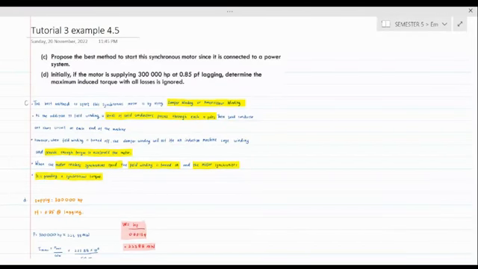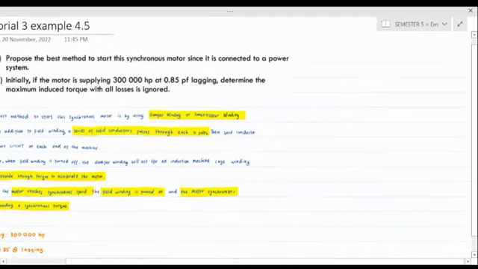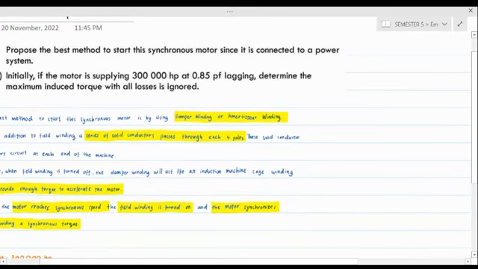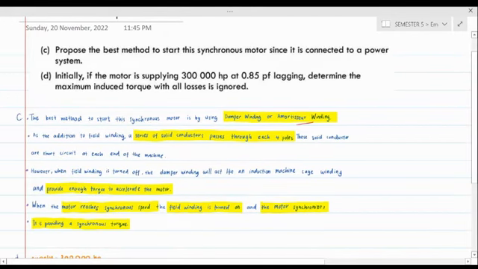Example 4.5 C: propose the best method to start the synchronous motor since it is connected to a power system. Okay, the answer is the best method to start this synchronous motor is by using damper winding or amortisseur winding. In addition to the field winding, a series of solid conductors passes through each of the four poles.